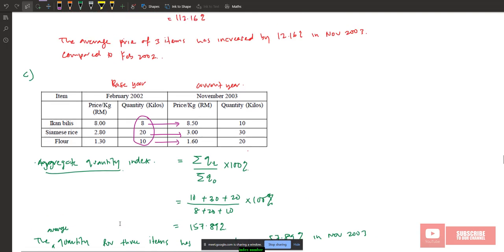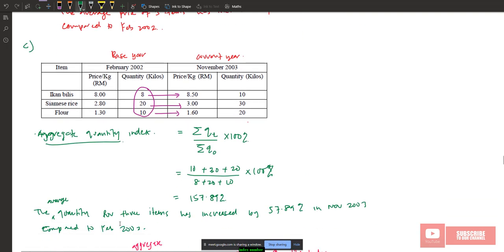So now let's try to solve the first part. Summation of PT multiplied with Q naught. PT is this one, Q naught is this one, right?